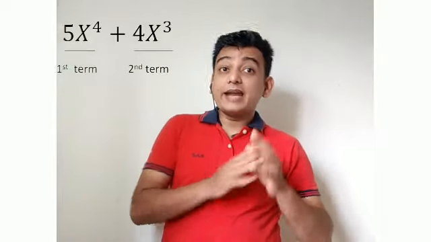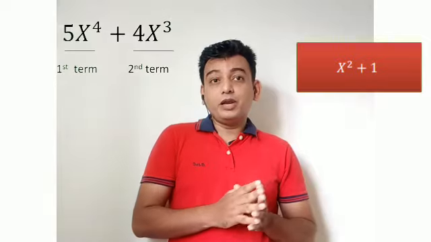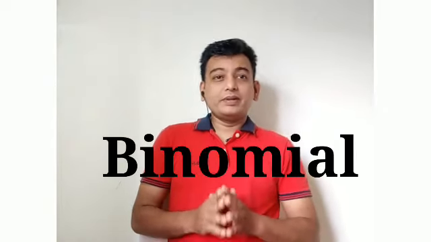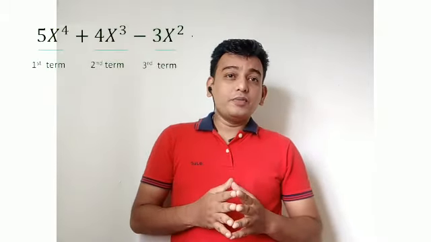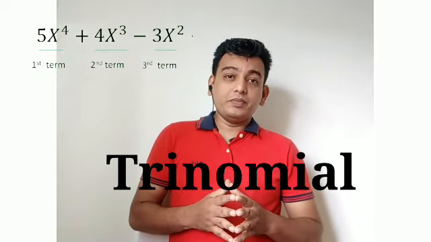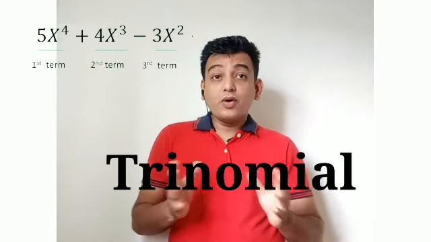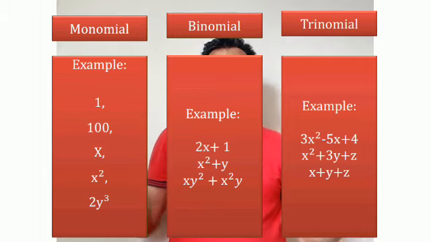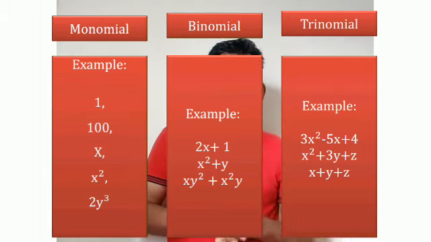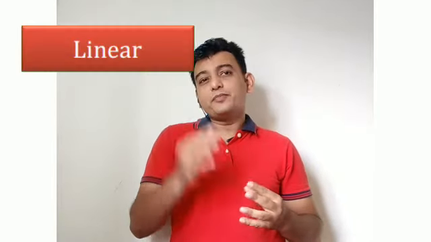Suppose there are two terms in our polynomial, then we can say that it's a binomial. Similarly, if you find three terms in your polynomial, then that's a trinomial. So these are all different types of polynomials. Now look at here, another type of polynomial, linear polynomials.